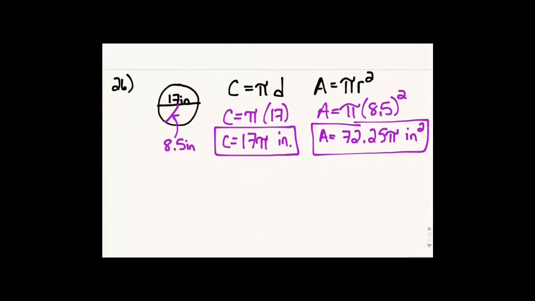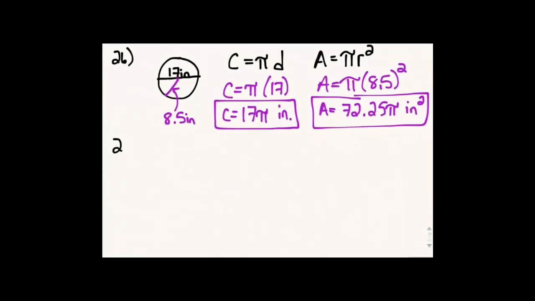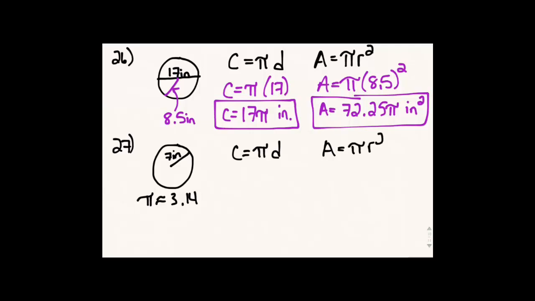So I'm going to move this up. Hopefully I can do the next one with my formula still showing. Now we have the circumference and area of a circle with radius of 7 inches. And we're using pi is approximately equal to 3.14. Whenever you're approximating, they're going to tell you the approximate value of pi. So circumference is pi times diameter, area is pi radius squared. So for our circumference, we need to get the diameter.